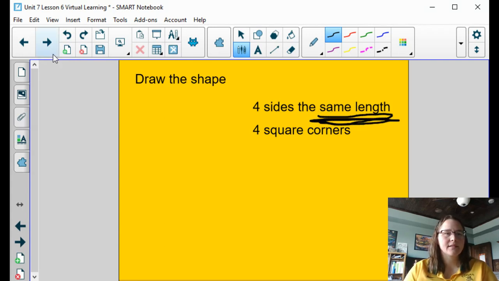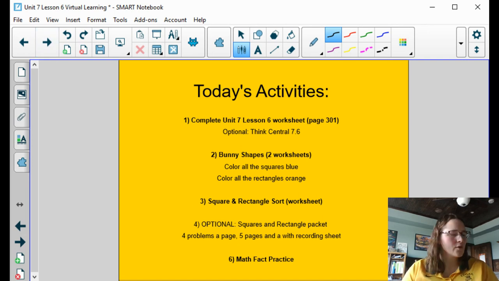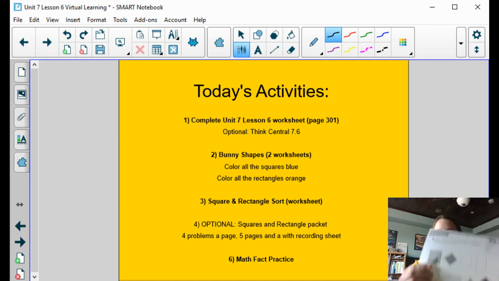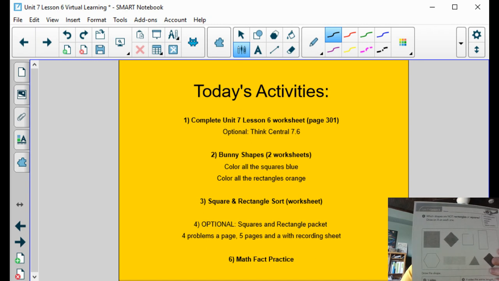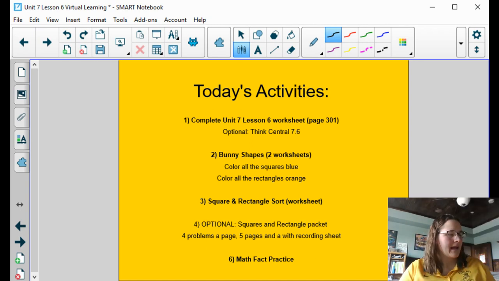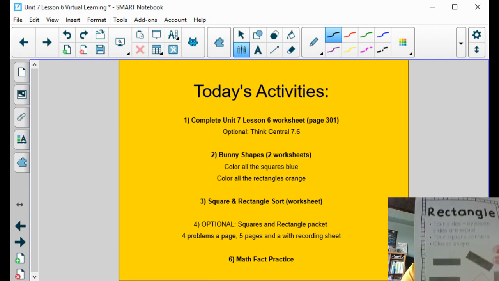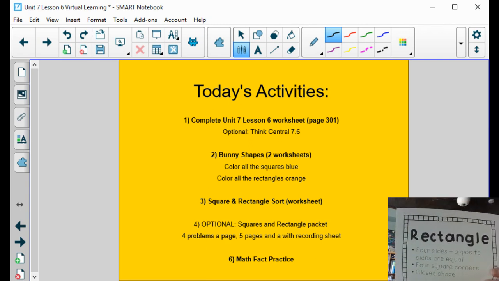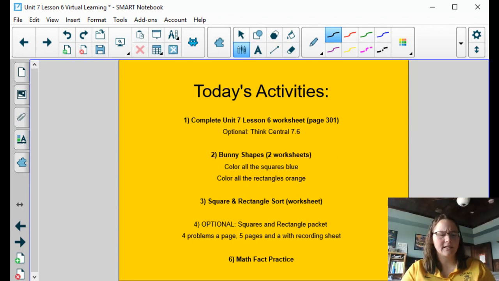Excellent. Today, you're going to complete the worksheet. Okay, complete the worksheet, follow the directions. After that worksheet, you might have seen a paper that looks like this, boys and girls. It just talks to you about what a rectangle is. So that's for you to keep.